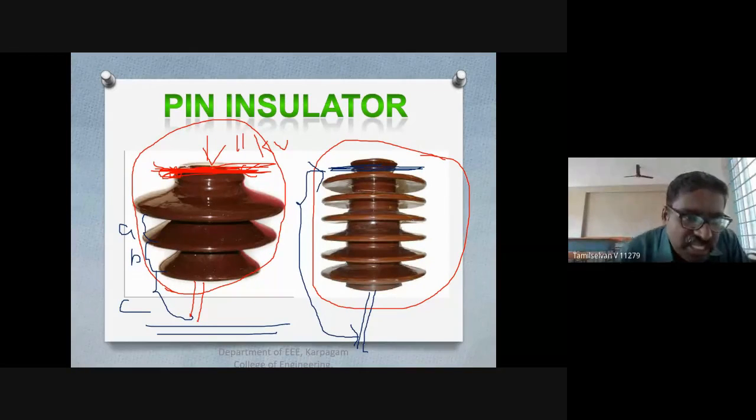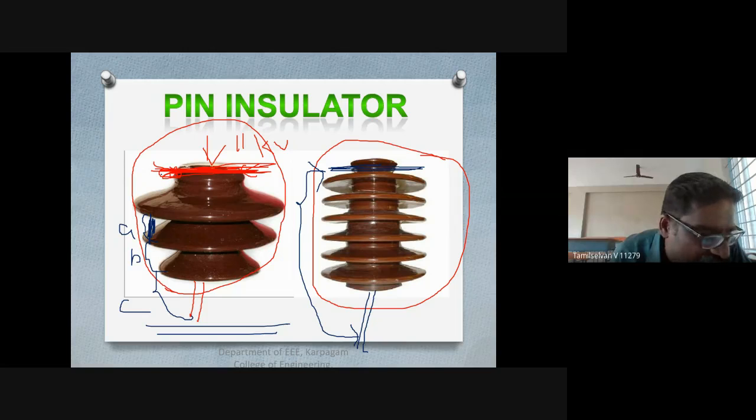What does puncture mean? If the discharge occurs from the conductor to the pin surface, and this air gap gets ionized, there is a chance for current to flow.